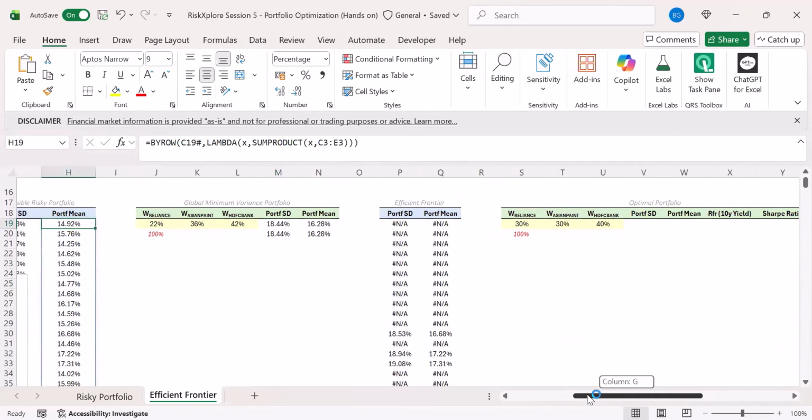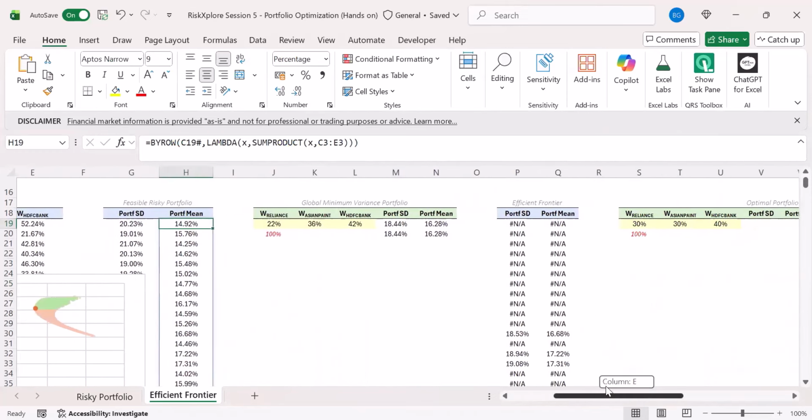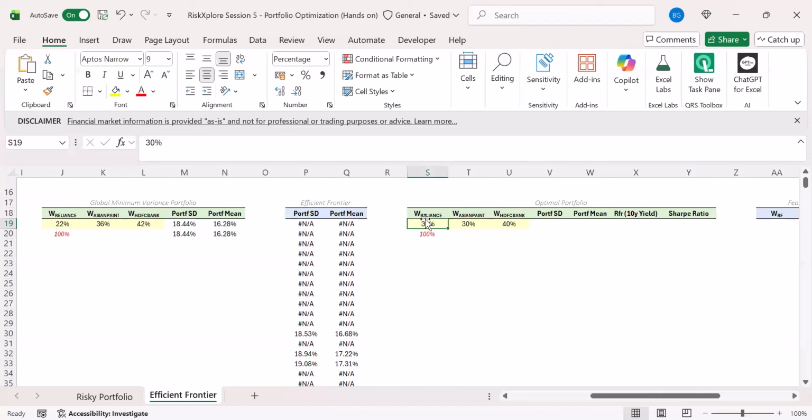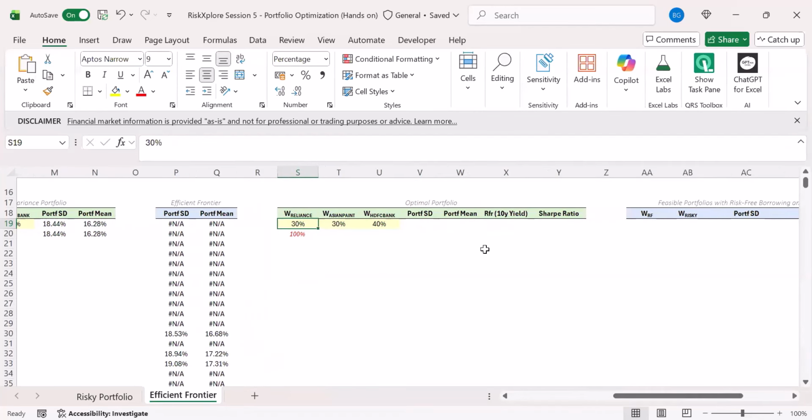Now once we have this, we can also find the optimal portfolio. What are the optimal weights such that our risk weighted return is maximized? Against the risk that we are taking, we are getting the maximum return. So how do we do that?